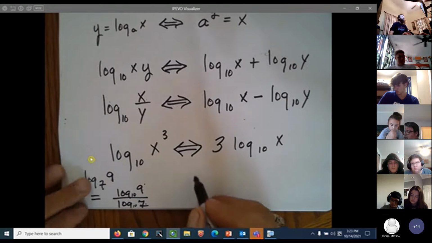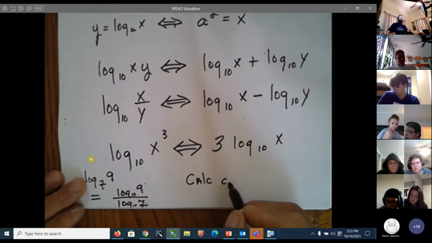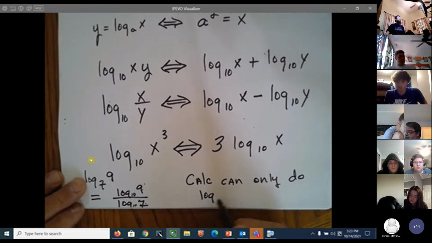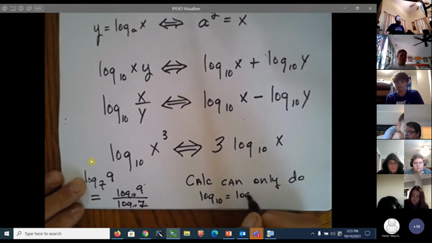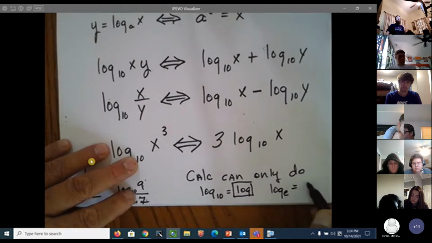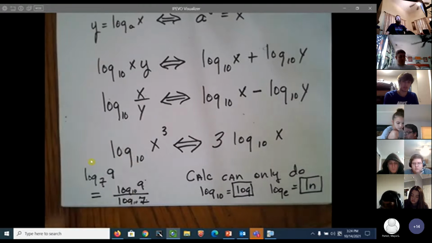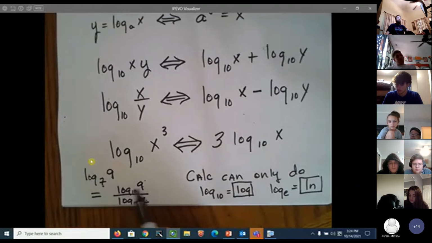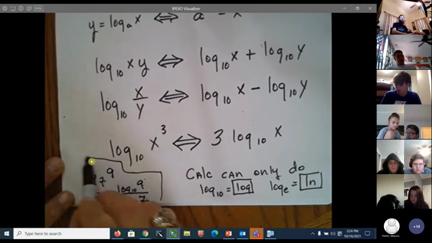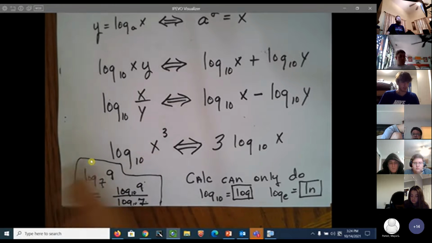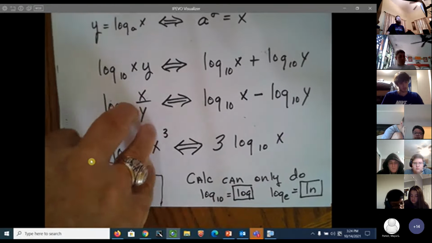Remember that your calculator can only do log base 10, which is log, and log base e, which is natural log. So if you don't have log base 10 or log base e, you've got to change it, and that's the change of base formula. And that kind of gives you some summary or review of your logarithmic properties.